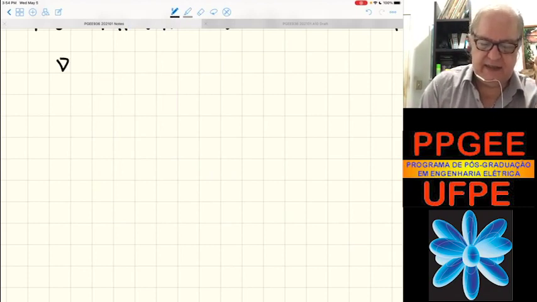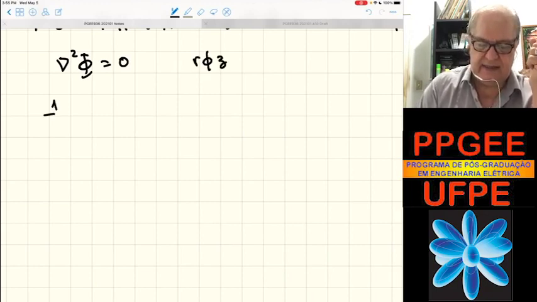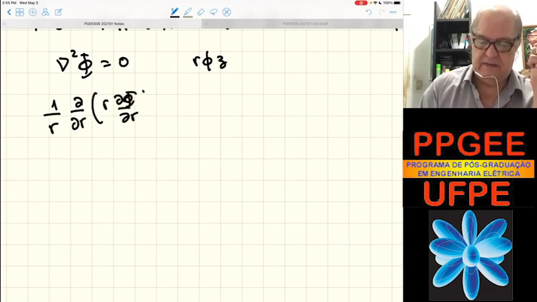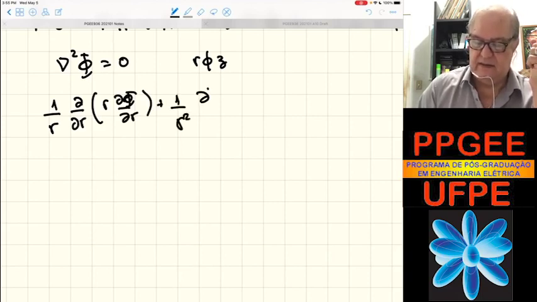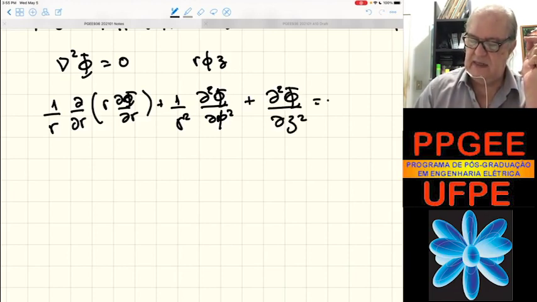So the Laplacian of a potential in cylindrical coordinates can be written like this, a sum of three terms: the radial term, 1 over r squared times the second derivative relative to phi, and a final term, the second derivative of the potential function relative to z.